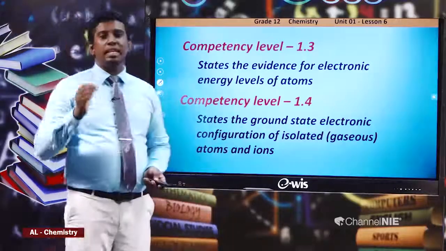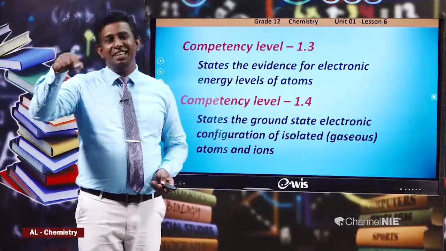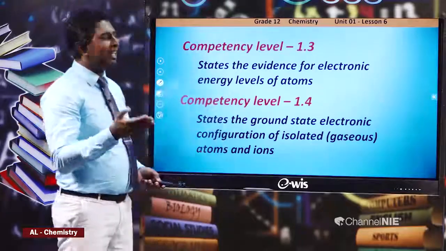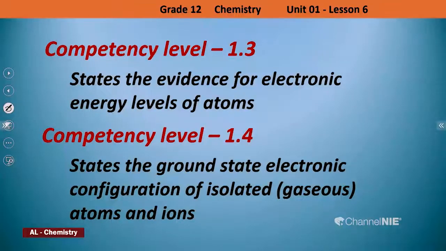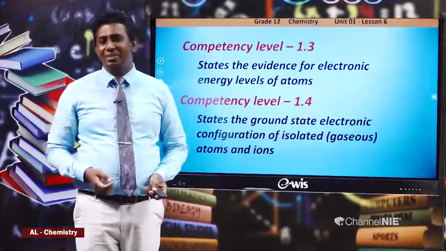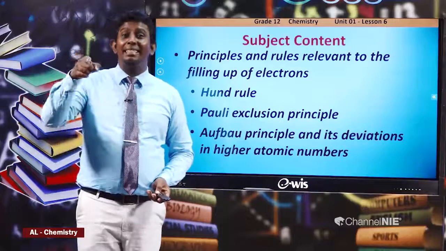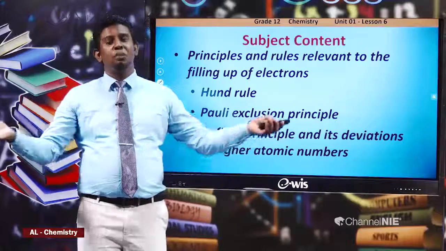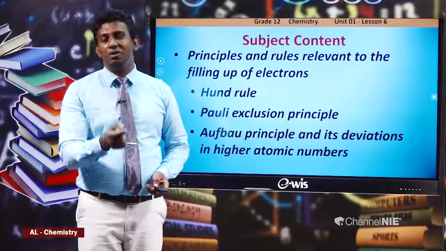It belongs to competency level 1.3, 1.4. There it states the evidence for electronic energy levels of atoms. In 1.4, it states the ground state electronic configuration of isolated, meaning gaseous, atoms, and not only atoms but also ions as well. As the subject content under this topic, you are going to find that out.